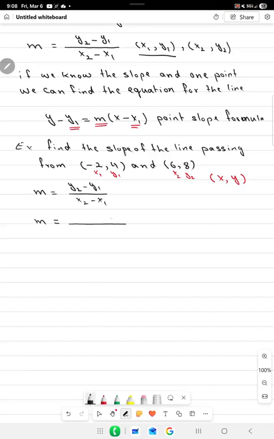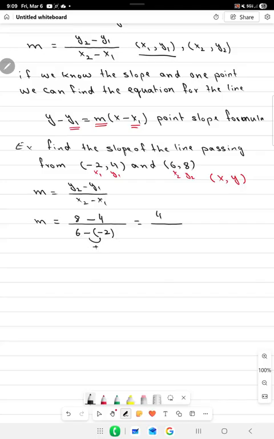M equals y2, which is 8, minus y1, which is 4, over x2, which is 6, minus x1, -2. It means 8 minus 4 gives you 4. 6 minus -2, double negative becomes positive.